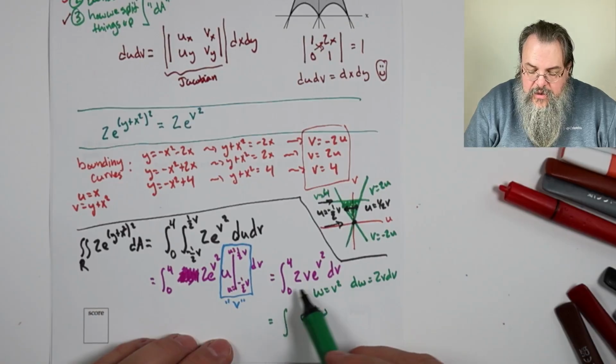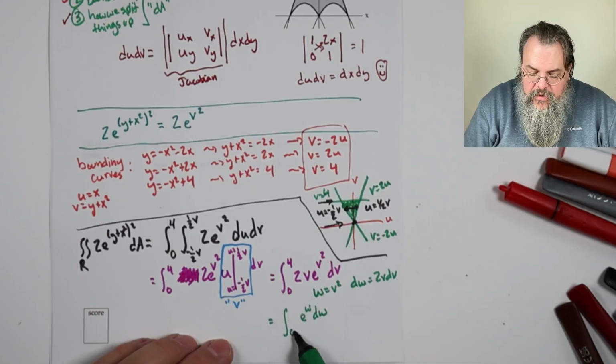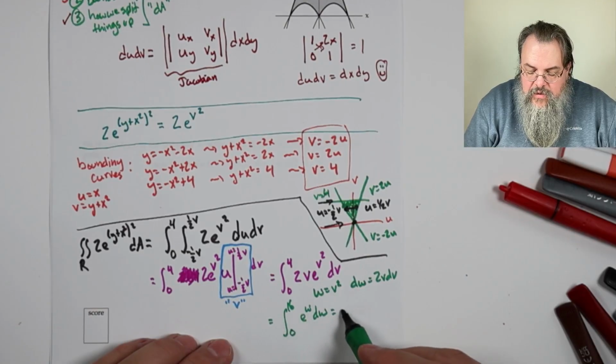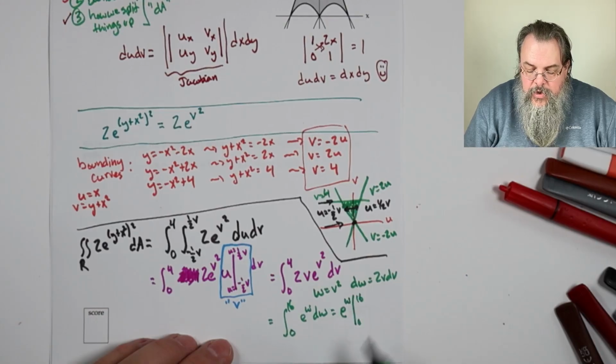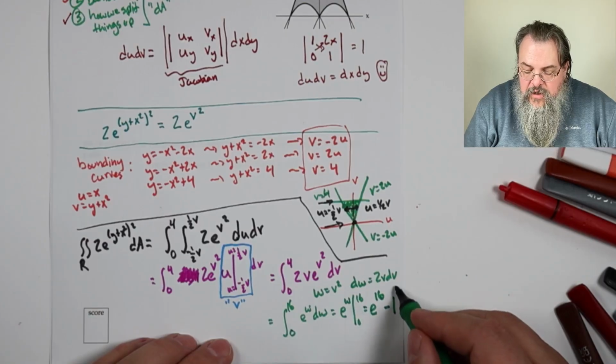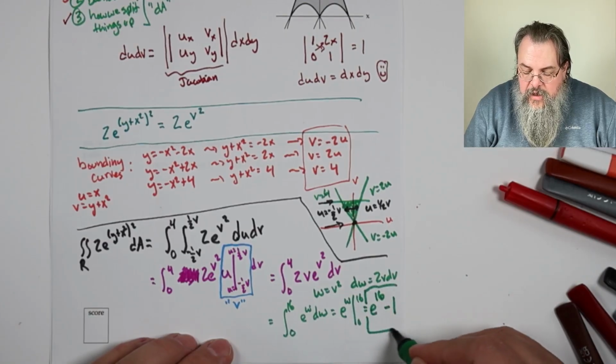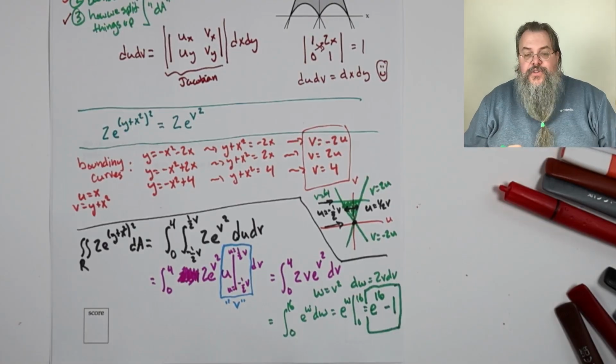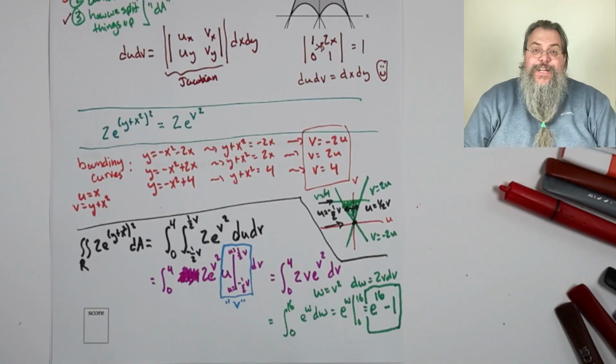Well, when you plug in 0, you get 0 squared is 0, and plug in 4, 4 squared is 16. So this is e to the w, evaluated from 0 to 16, which is e to the 16 subtract e to the 0, and e to the 0 is 1. And there we go. So our answer is e to the 16 minus 1.